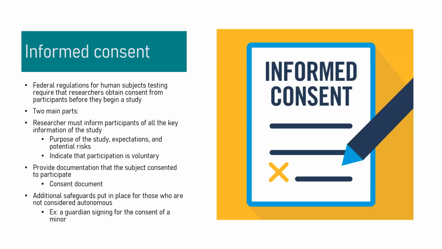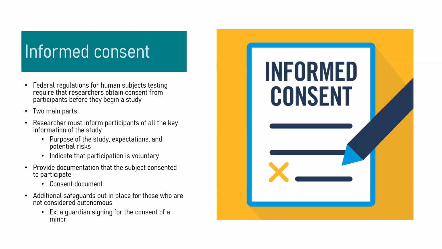So usually it'll just be like a long list of what exactly the study is about, what you are expected to do, what any of the potential benefits and risks are, and how we are going to compensate you. And then from there it should have some sort of statement that says something along the lines of, I attest that I am over the age of 18 and that I am basically cool with this, in way better words than that.